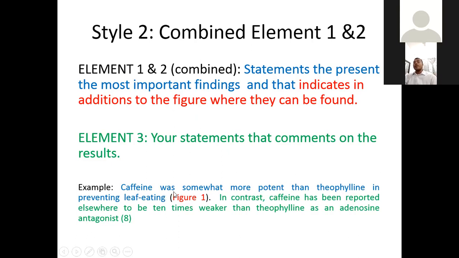It directly explains the result in preventing leaf eating, figure 1. So the reader will say that, okay, I will refer to figure 1 like this one. And then in contrast, caffeine has been reported elsewhere to be 10 times weaker. This is explanation of the result with the reference. Okay, so when you explain your findings, it should come with the reference for this one.